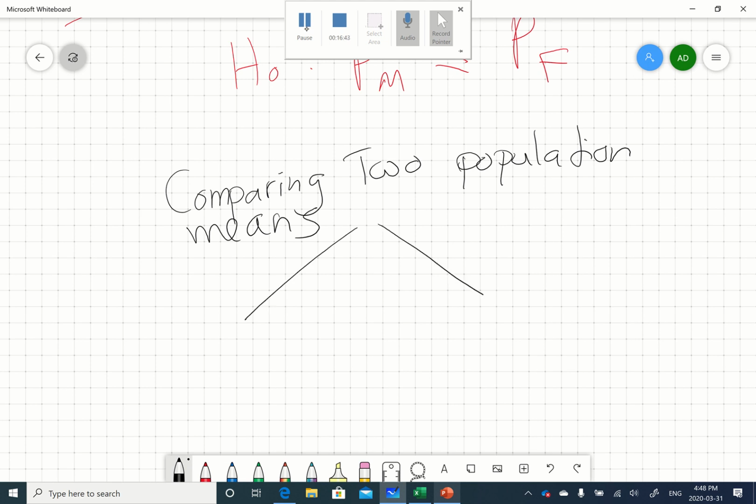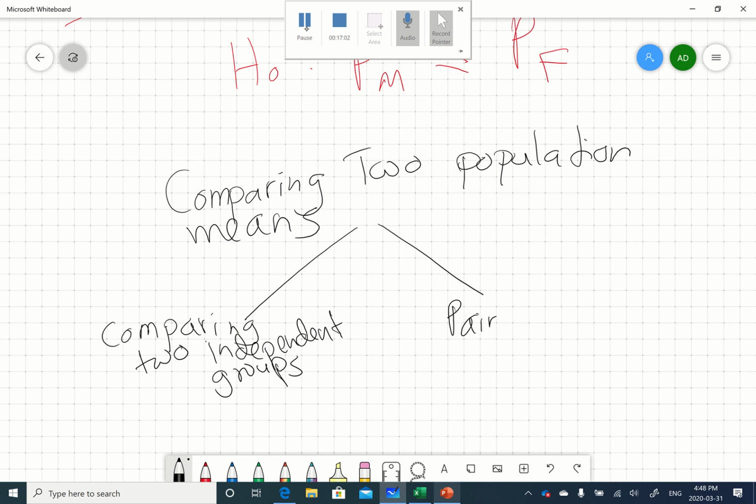So one is comparing two independent groups, and the other one is comparing two dependent groups, which we call paired observations.